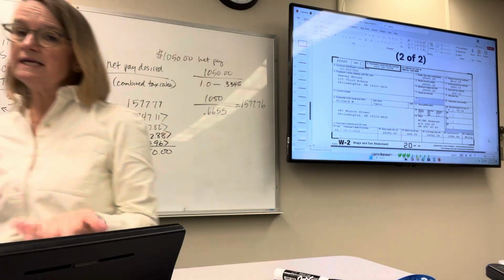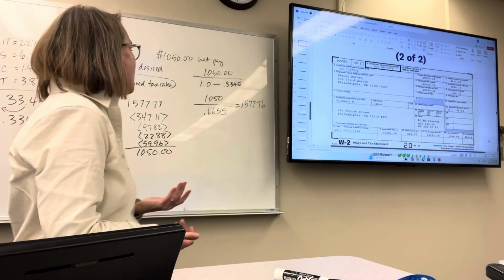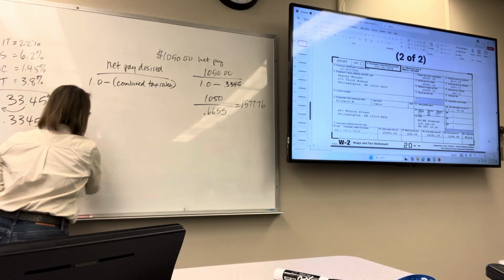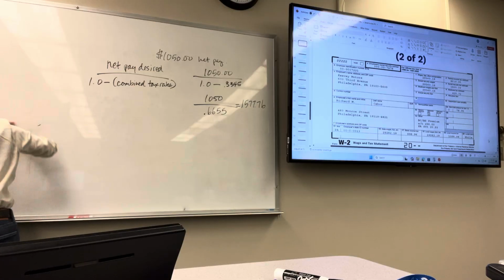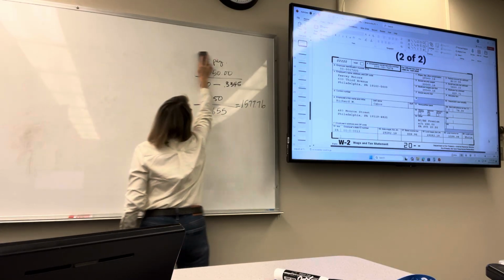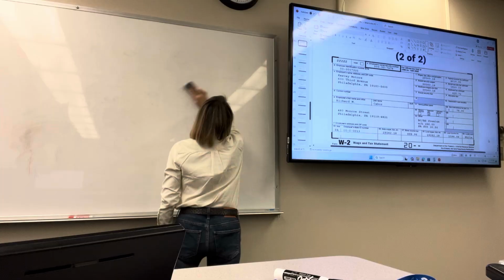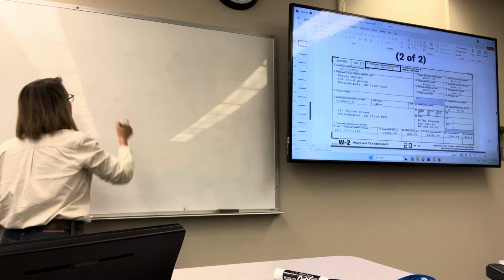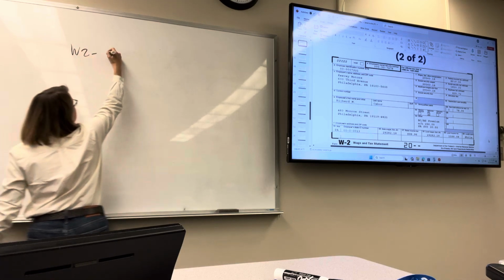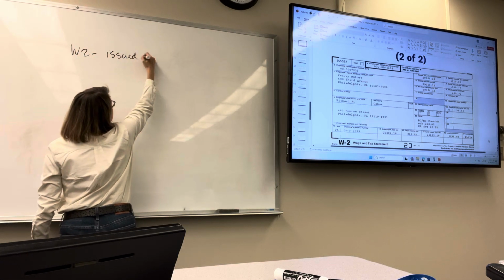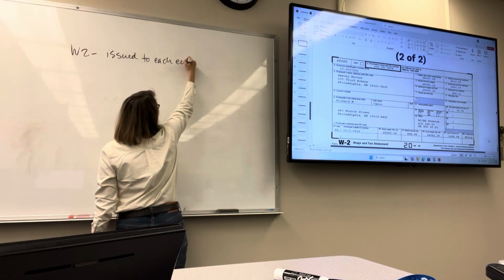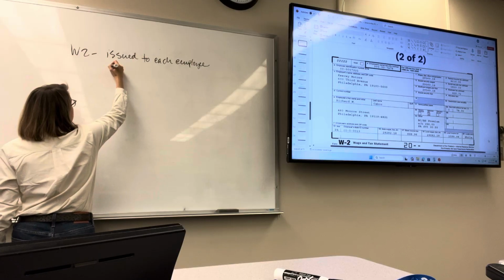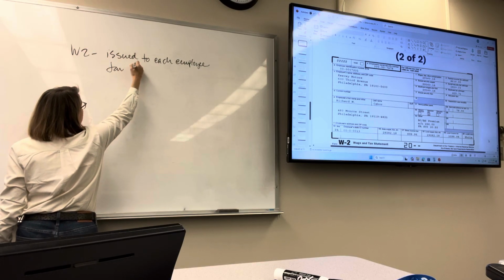So each employee gets one of these forms, and the W-2s, let me erase this here. So the W-2s are issued to individual employees and it has to be issued by January 31st.